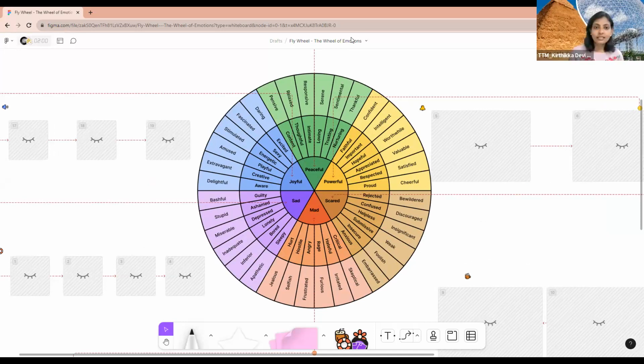So this is the wheel of emotions. If you could see, there are different emotions that one would undergo. Let me tie up today's theme with the emotions that we undergo. The rule for today is that at least one of the emotions should be picked by each of the contestants, which means we'll have 6 contestants for today.